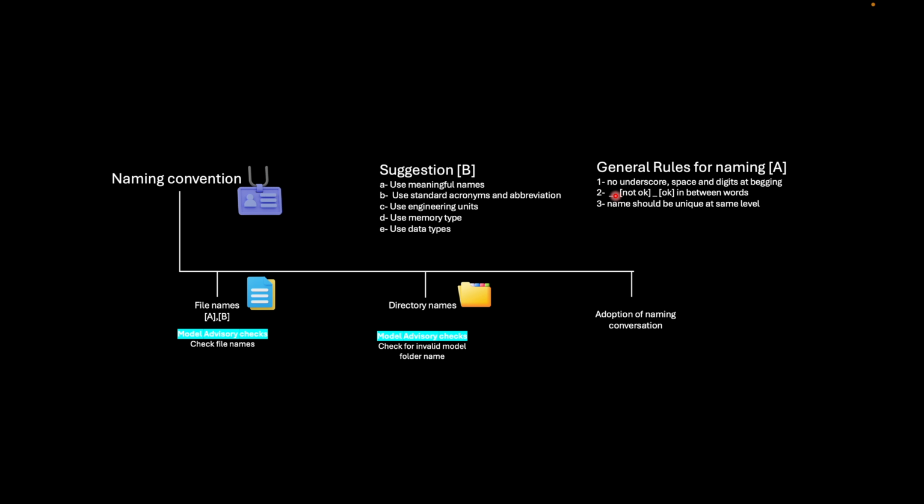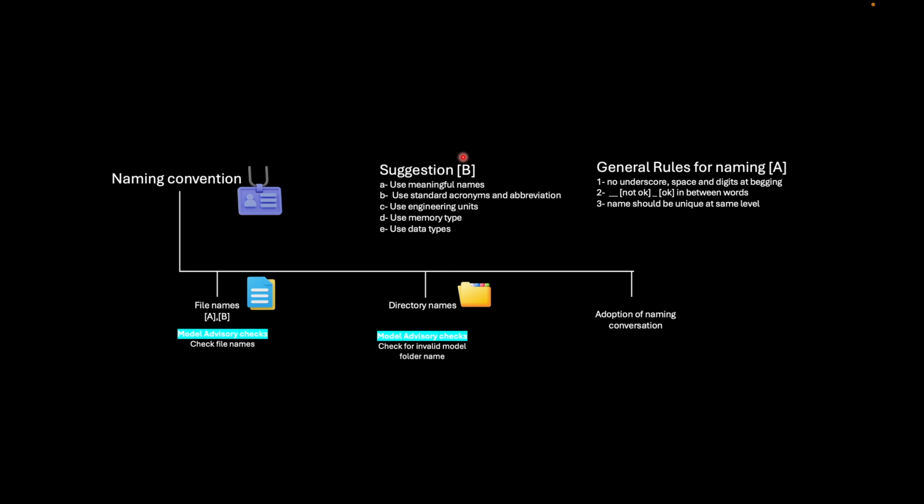And when you are using two words and connecting them with an underscore, you can use underscores, but you cannot use a double underscore in between the names. That is one naming convention that you can follow. And names should be unique for the file names. This is related to all file names that we have in the model, the project file or folder. This is related to the general rules.